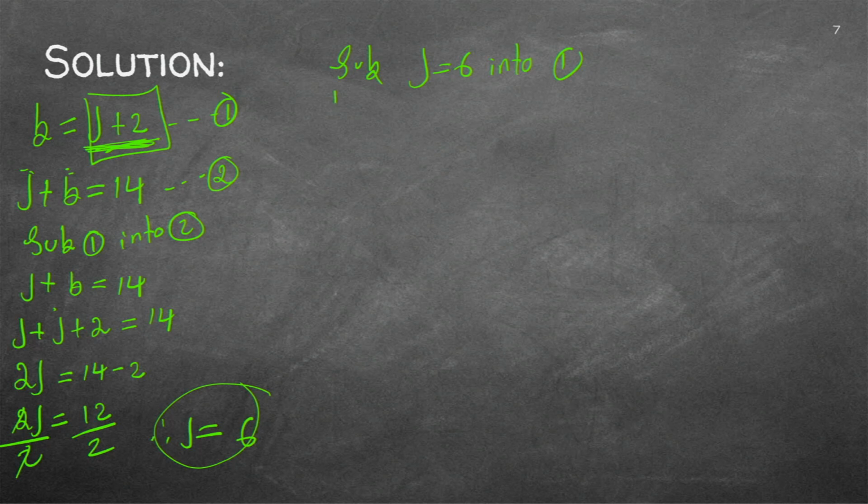So equation number 1 says B equals Jane's mark plus 2. So therefore, Bongani's mark is Jane's mark, which is 6, plus 2. So Bongani's mark, guys, is 8. So that is Bongani's mark, guys.